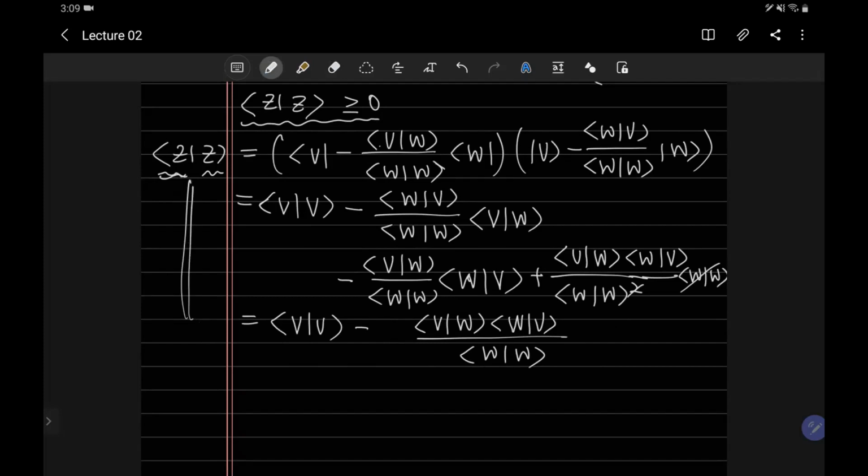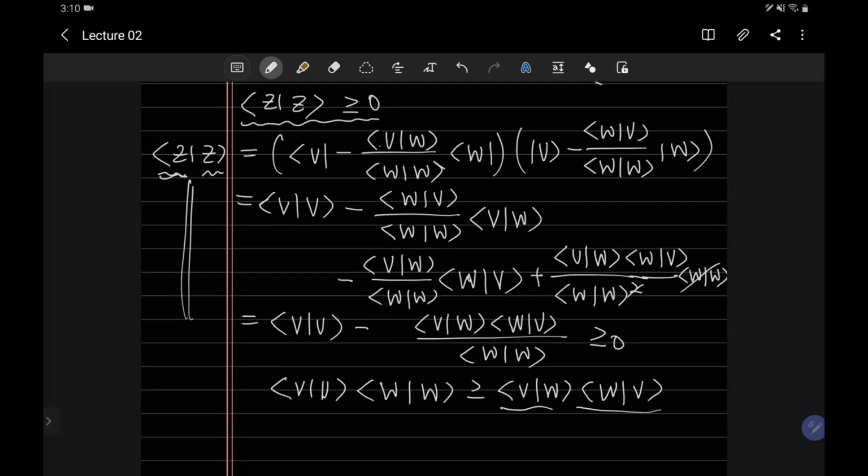And then we said that ZZ, the self inner product of the vector, should be larger than or equal to 0. So that is the final result. And if we move this one to the other side, that means that VV multiplied by WW should be larger than or equal to VW times WV. But we know that these two are complex conjugates of each other.